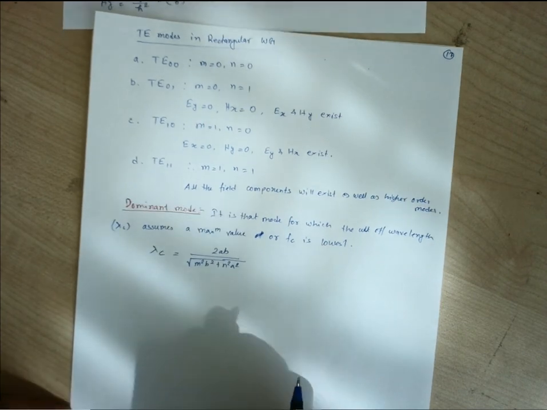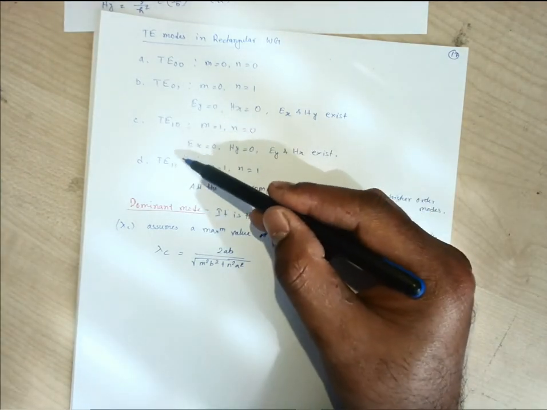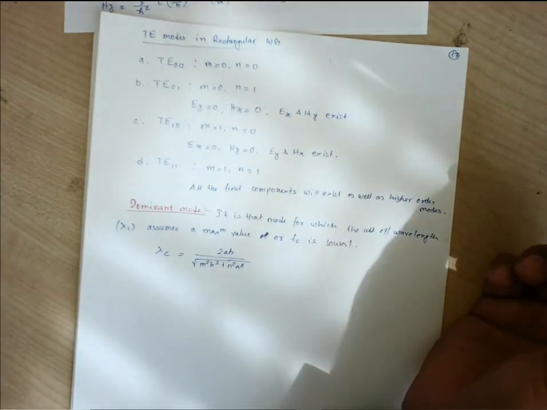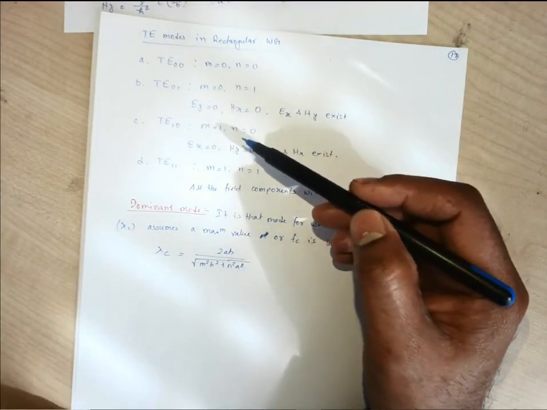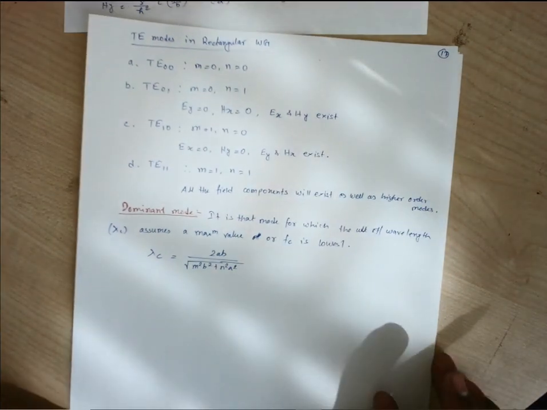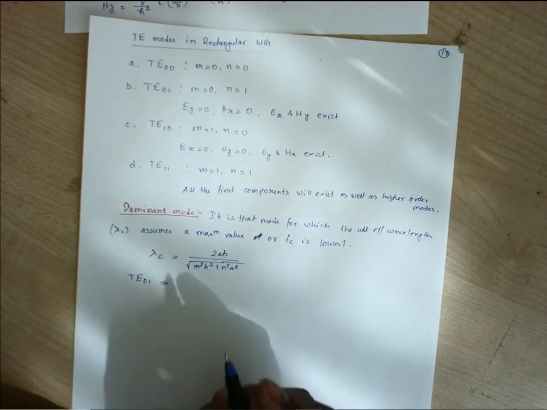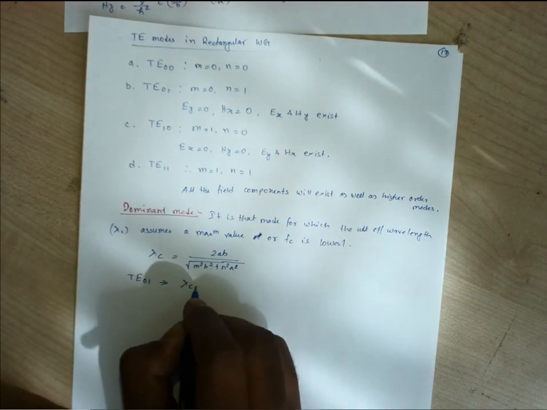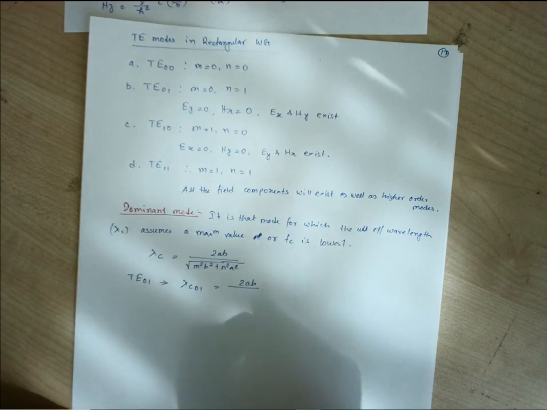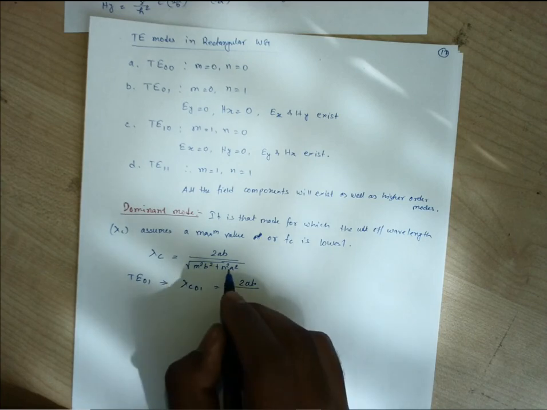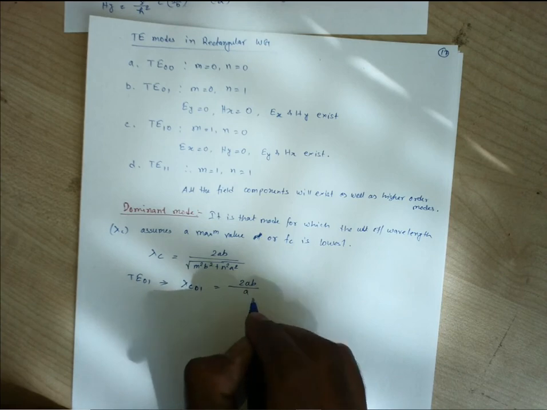Now let us check, because we will have TE01, TE10, TE11 as well as TM11. We will start from TE01, then gradually progress to the other modes. So let us check TE01, lambda c 01. It is twice AB, m is 0, n is 1. So that one will be A, that is twice B.